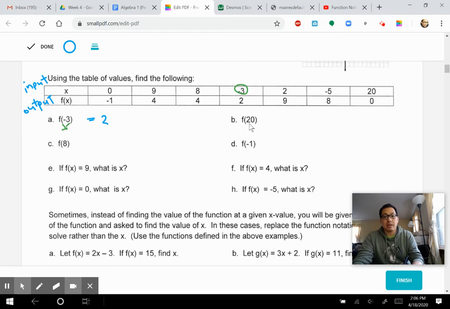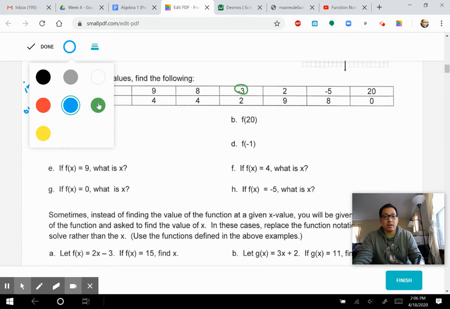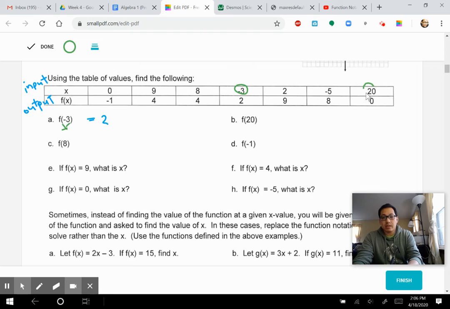Similarly, we could say, what is f of 20? Well, looking at the table, here's where the input is 20. What do we get as an output? We get the value 0 right here. I should have circled this. So f of 20 equals 0.